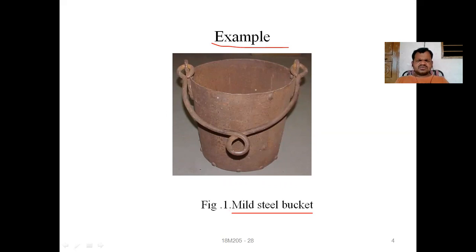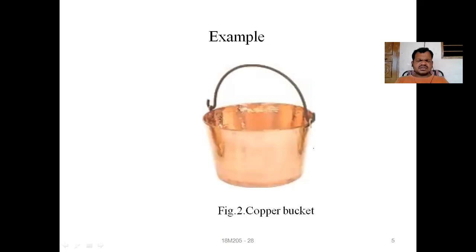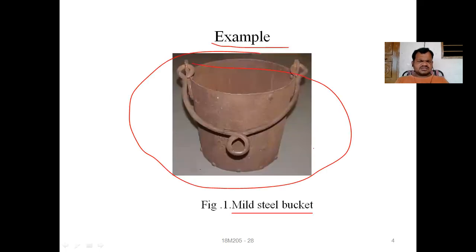In olden days we used mild steel to design buckets. After that, somewhere we use galvanized iron, and somewhere aluminum.